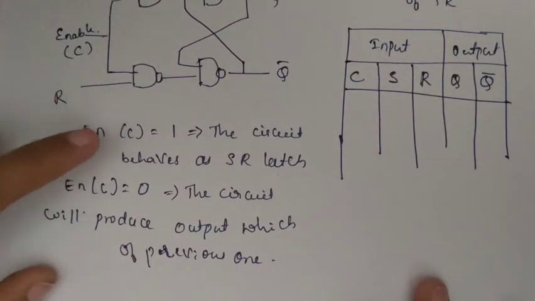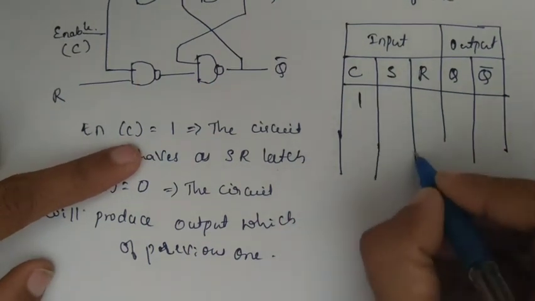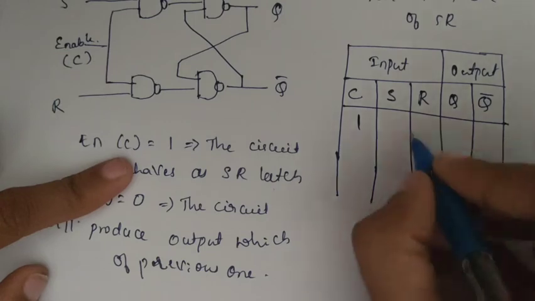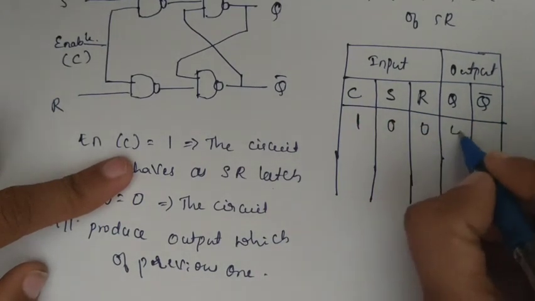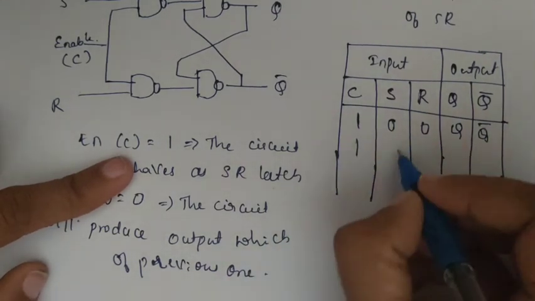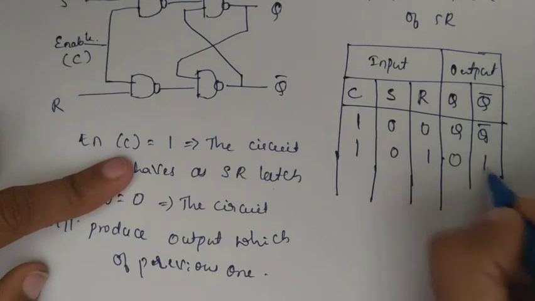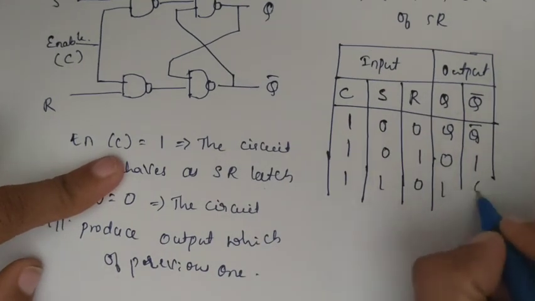So when C is equal to 1, it acts as a gated SR latch. If S and R are 0, 0, whatever was in the previous state will repeat. If it is 0, 1, then 0, 1 will remain. If it is 1, 0, then 1, 0 will be there.